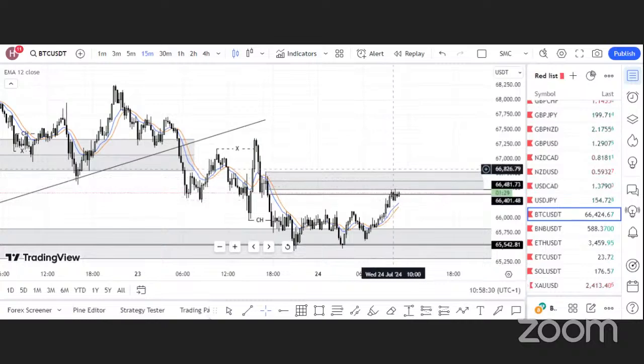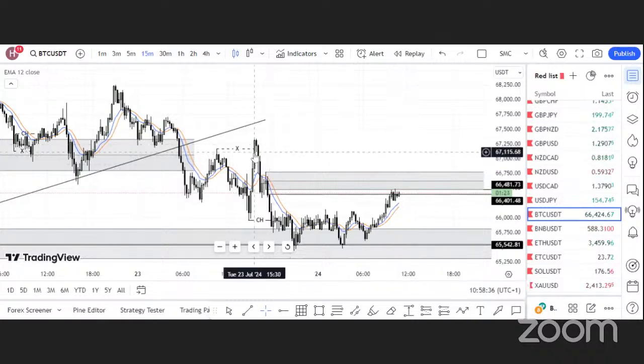But if the trend continues and breaks above this level, then that means the market would probably want to reverse from anywhere around here, because we have another level above. Okay, so less than a minute.